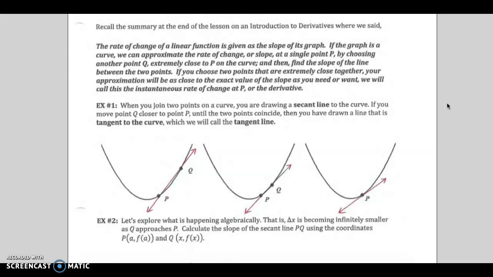If the graph is a curve, we can approximate the rate of change or slope at a single point P by choosing another point Q extremely close to P on the curve. Then we can find the slope of the line between the 2 points. If you choose 2 points that are extremely close together, your approximation will be as close to the exact value of the slope as you want or need. We call this the instantaneous rate of change at P, or the derivative. If you remember, those are the same things.